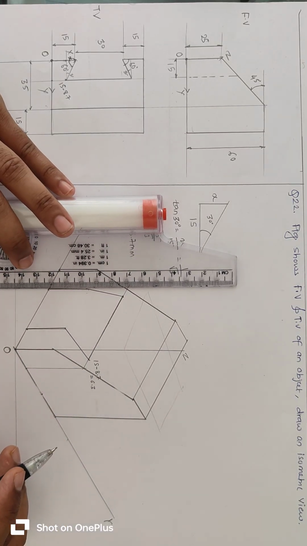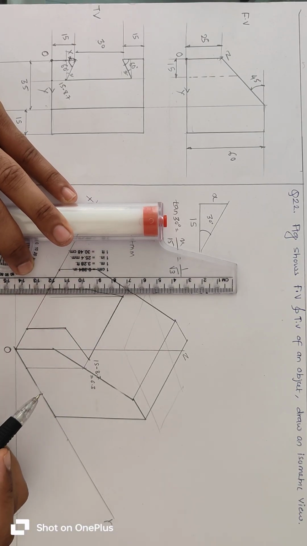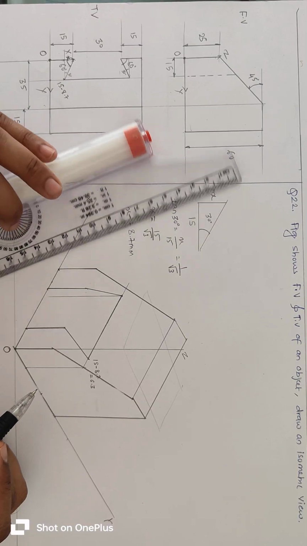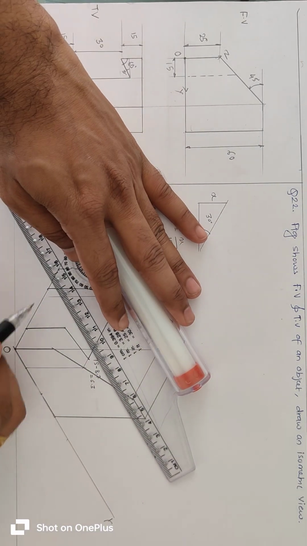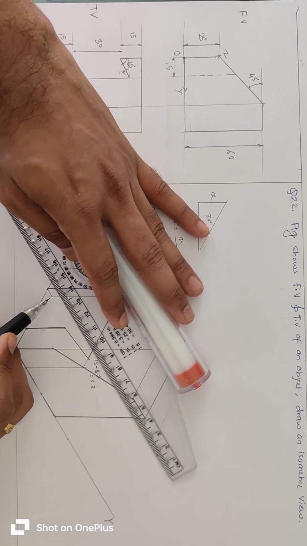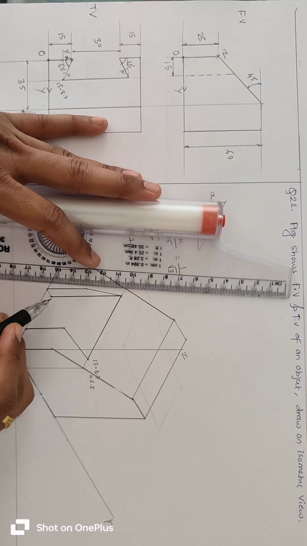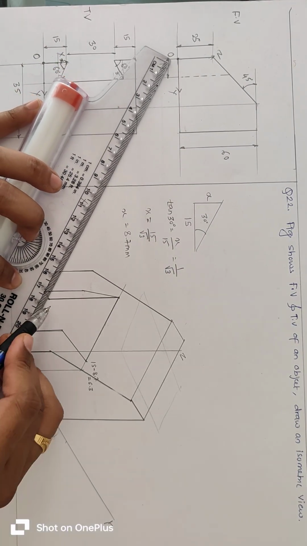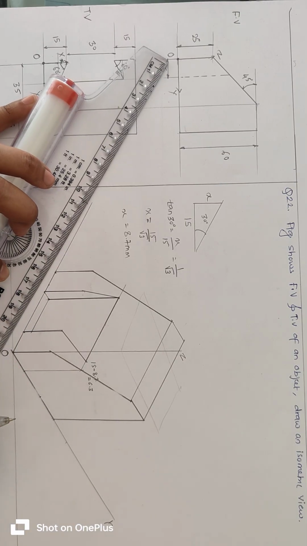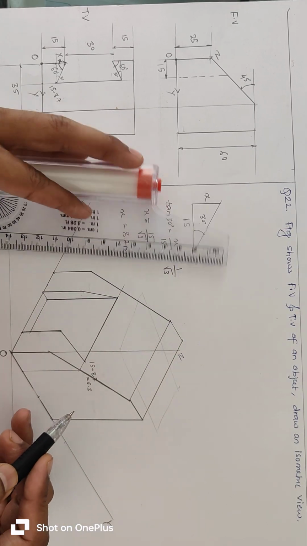Now draw line parallel to z axis from this point, a faint line. Then draw line parallel to axis from this point up to this faint line, and now from this point make it dark, and from this point draw line parallel to x-axis up to this line. So this will be our final answer.